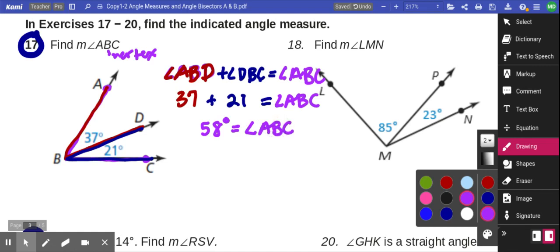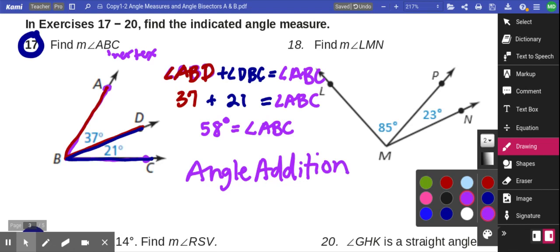This is my angle addition postulate, where my two parts of my angle add together to make my whole.